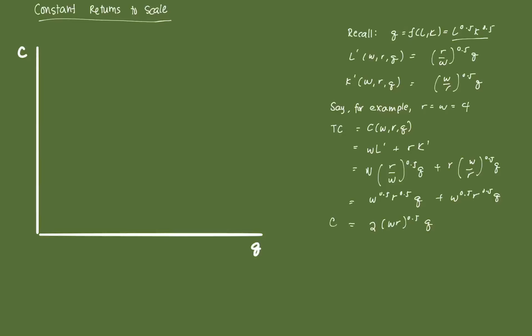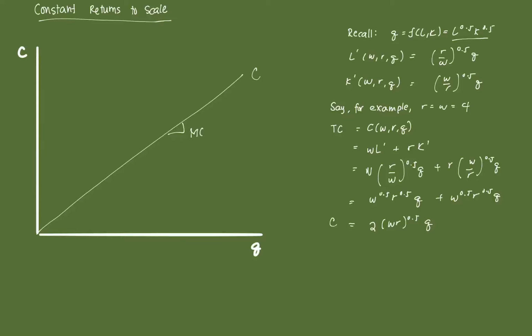You can visualize that graphically, something like this. Under constant returns to scale, C, your cost function, is linear. So that's C. Look at the curve here: the slope of the cost curve is essentially the marginal cost.